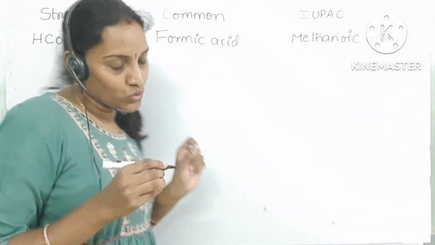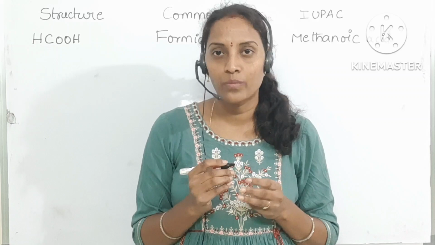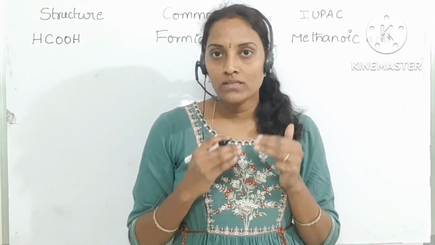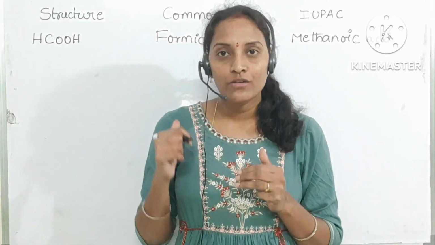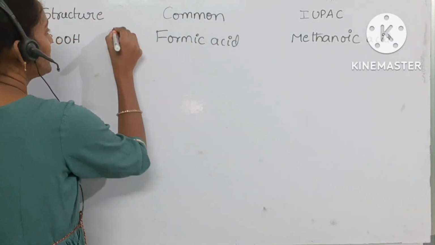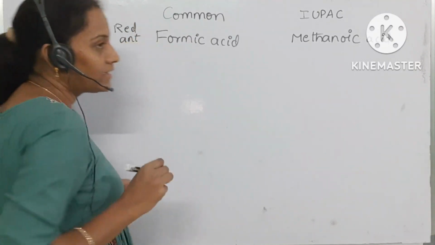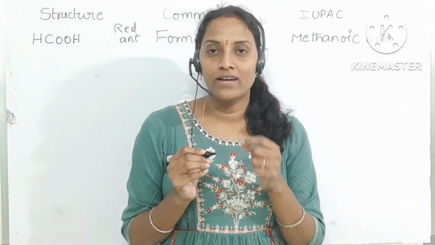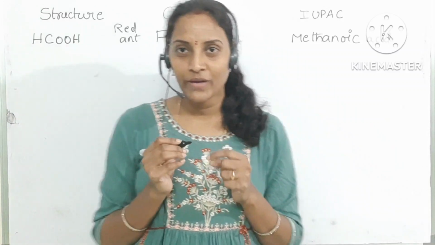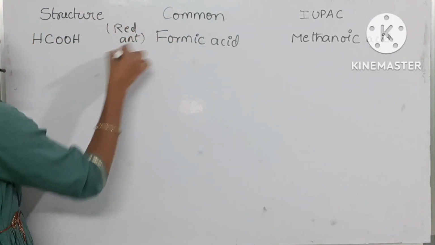Actually, I already told you the common name of a carboxylic acid comes from where it was obtained. Formic acid was obtained from red ant. Red ant means formica in Latin, so it was named formic acid.